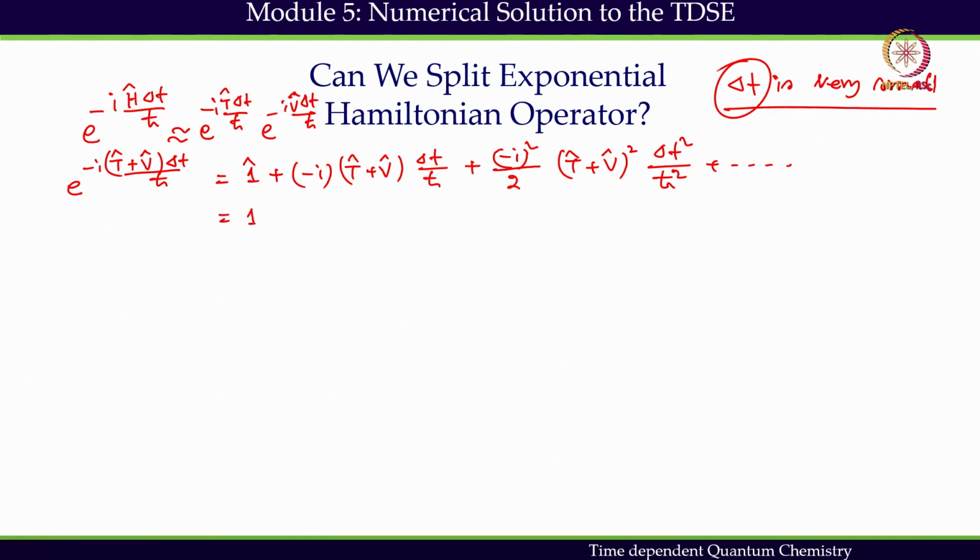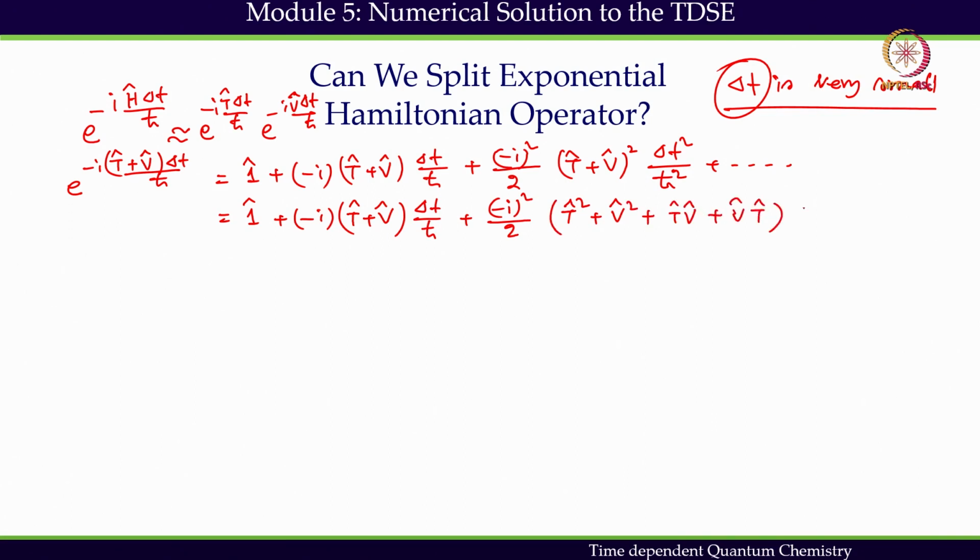We just reorganize a little bit: plus minus i (T plus V) delta t by h cut plus (minus i) whole square by 2. This is going to be T square plus V square plus TV plus VT, delta t square by h cut square, and so on.